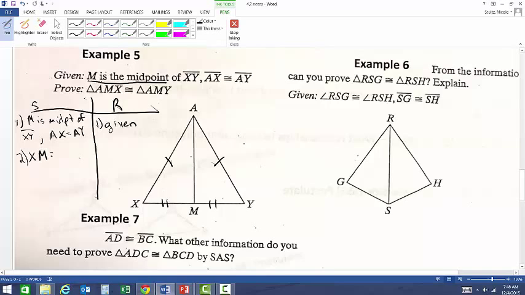We need to say that XM equals MY, and the reason that we know that is by definition of midpoint. That should be somewhat familiar from way back in chapter 2 when we were dealing with midpoints. You actually have to go the extra step and tell me which sides are the same because of that midpoint.